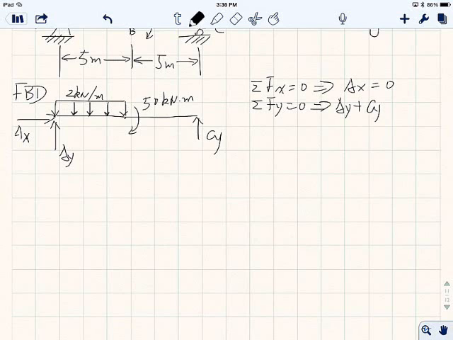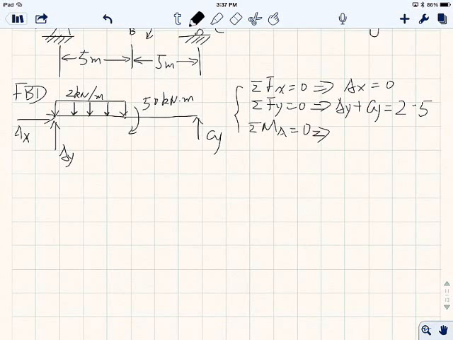There's two positive forces, so equal to the negative force, which is the force caused by this distributed load, which equals 2 times 5. Lastly, summation MA is 0. So that we know positive bending moment should equal to negative bending moment, right?